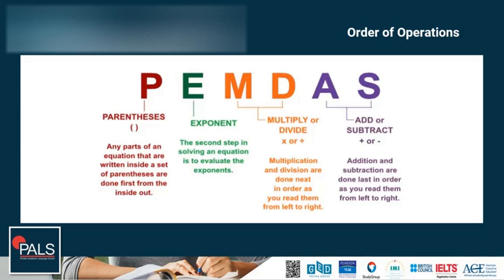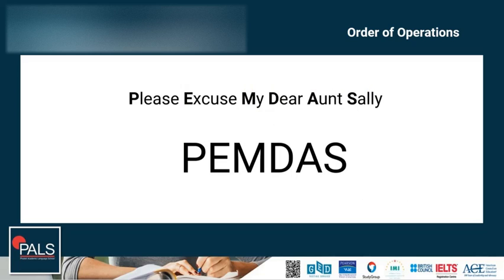Now, to easily remember the PEMDAS, it is good that we think of a very familiar expression that will represent each of the letters. Like, please excuse my dear Aunt Sally. P stands for please, E stands for excuse, M stands for my, D stands for dear, A for aunt, and S for Sally.